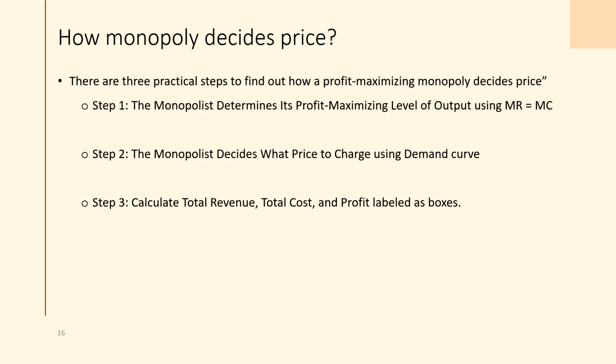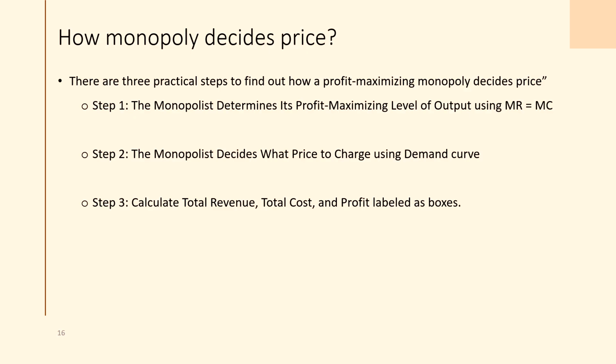Now let's summarize the practical method economists use to determine monopoly price and output. There are 3 steps. Step 1 is to determine the profit maximizing level of output using the rule: marginal revenue equals marginal cost. Step 2 is to decide what price to charge by using the demand curve.